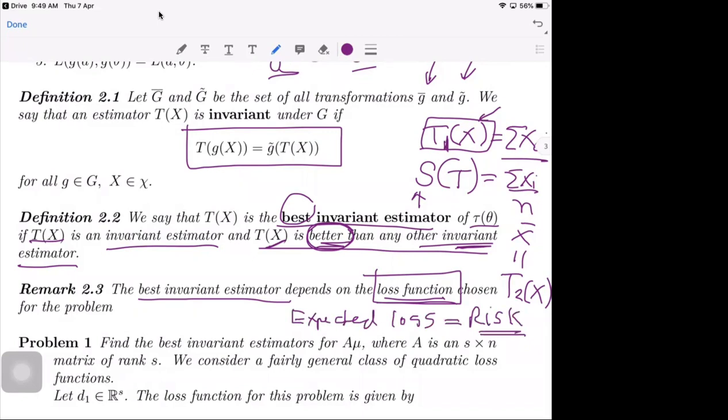So expected loss function or the risk function, no? So if we put function here, then we will be looking at a risk function, and the risk function that will give the smallest risk. So if it gives the smallest risk among any other invariant estimator, then we say that that estimator is the best invariant estimator.